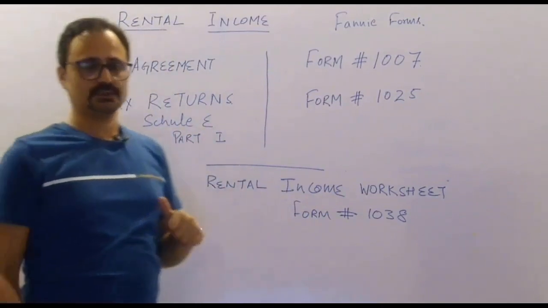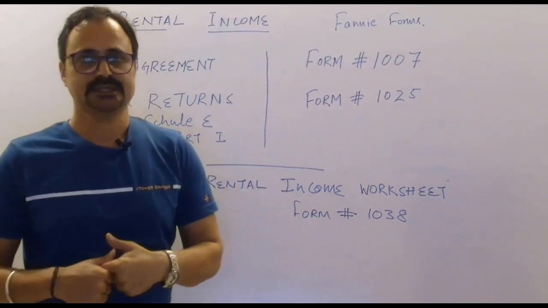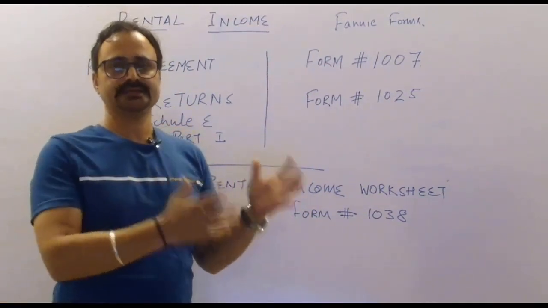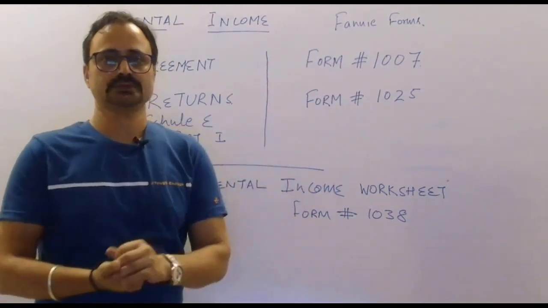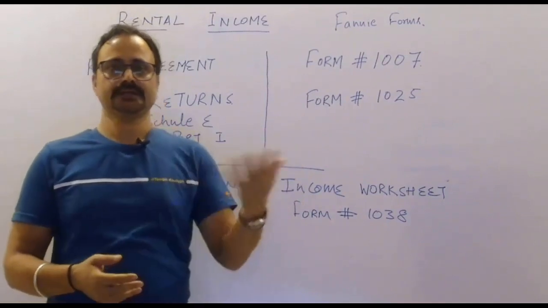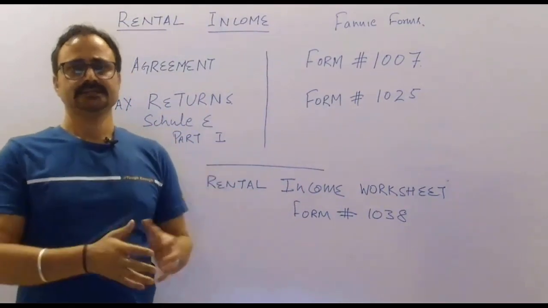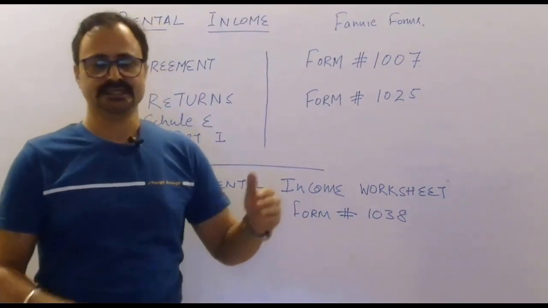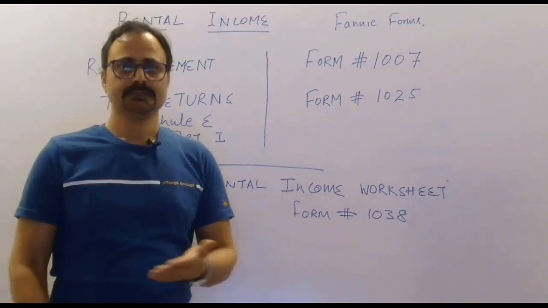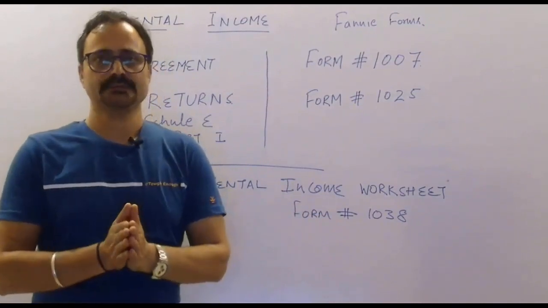So as I told you, sometimes, let's say the property was only recently purchased, maybe in January or February 2023, at the start of the year, or maybe the property was purchased in the last year, at the end of 2022, right?